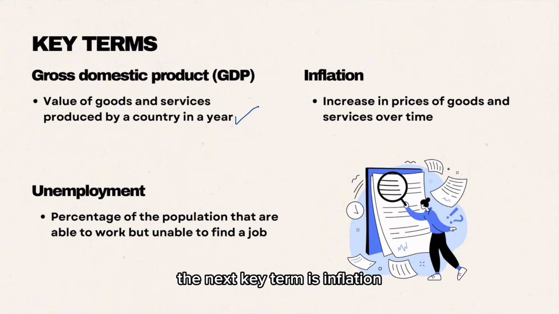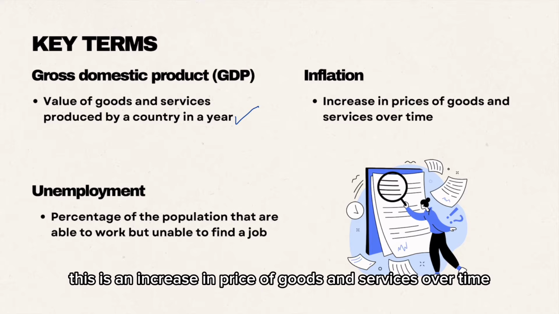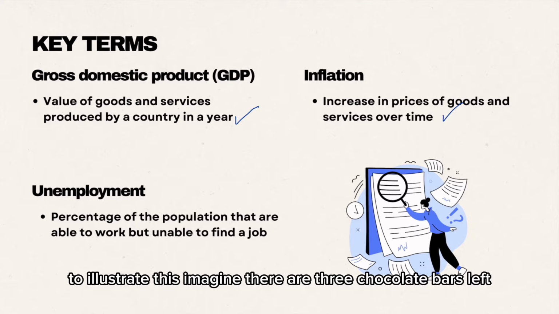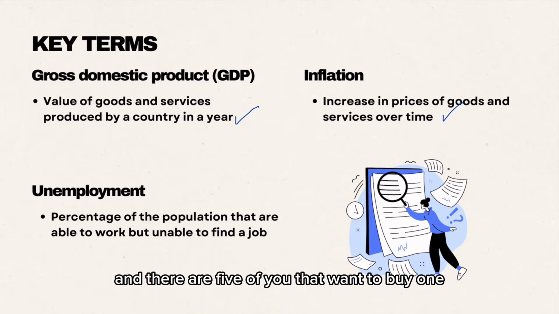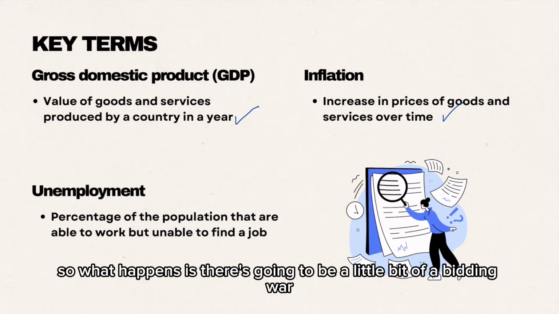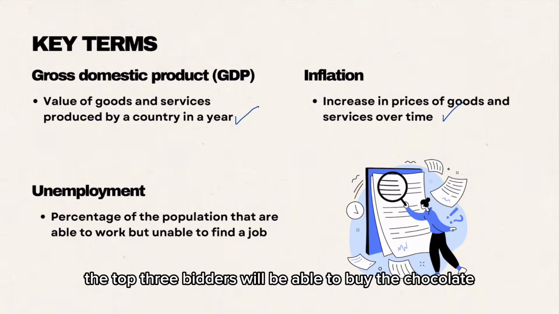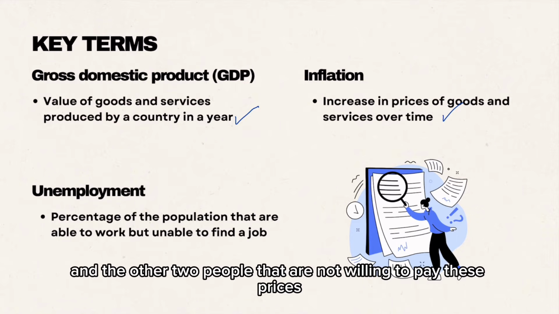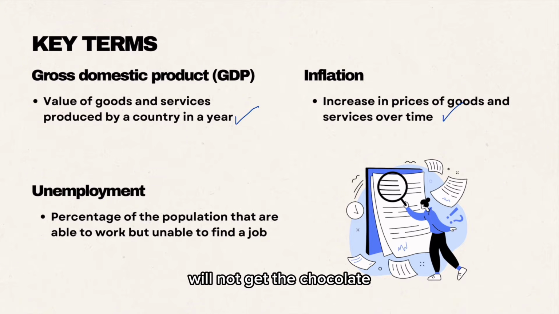The next key term is inflation. This is an increase in price of goods and services over time. To illustrate this, imagine there are 3 chocolate bars left, and there are 5 of you that want to buy one. So what happens is there's going to be a little bit of a bidding war. The top 3 bidders will be able to buy the chocolate, and the other 2 people that are not willing to pay these prices will not get the chocolate.